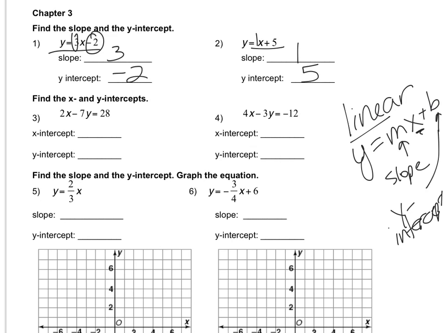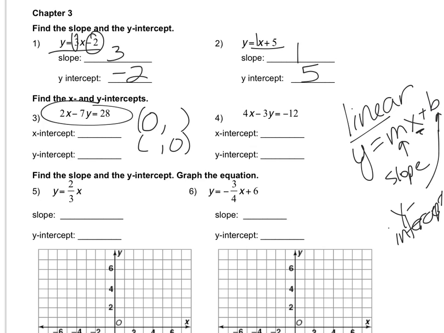We also talked about another form of linear equations, which is in X and Y-intercept form. And to find where that line crosses the X and the Y-intercept, you plug in 0 for X, and then you plug in 0 for Y. And I'm writing them off to the side here for a second just so I can explain something.